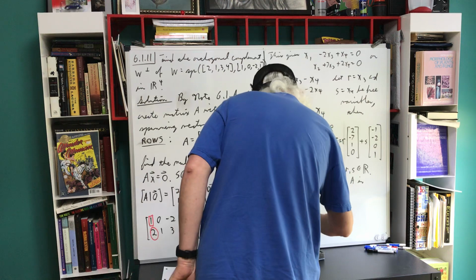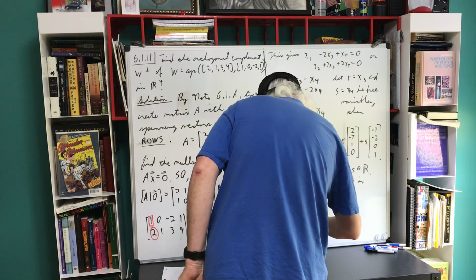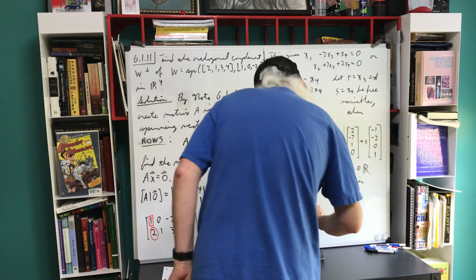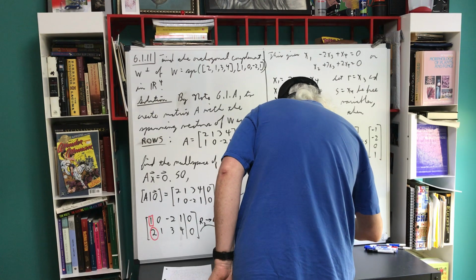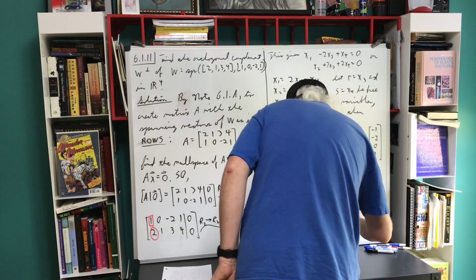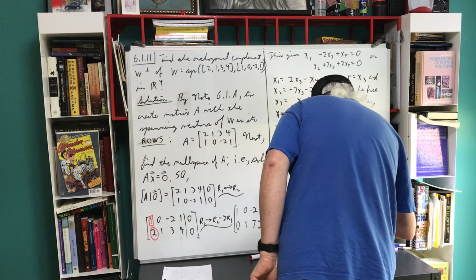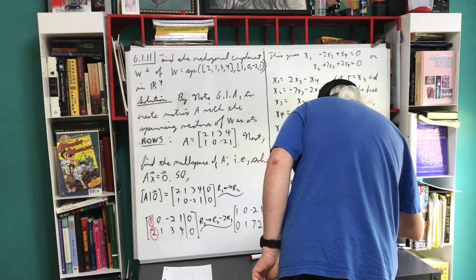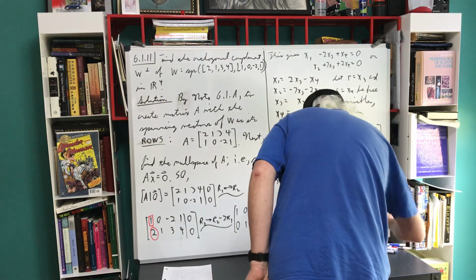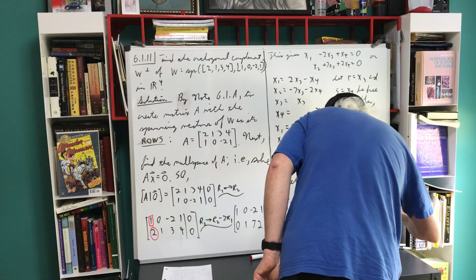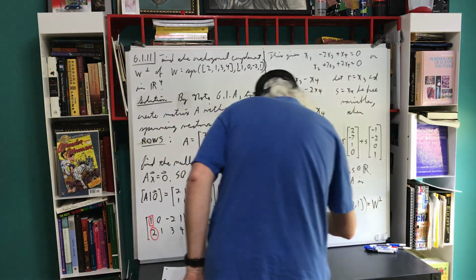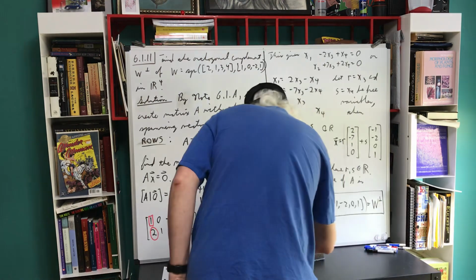You want these as column vectors. Well, let me just comment on it, and I'm going to write them as row vectors. And this should be as well the perp space of space W.